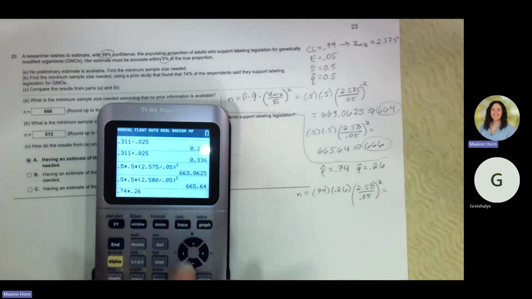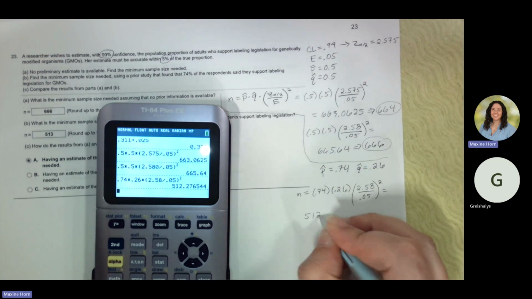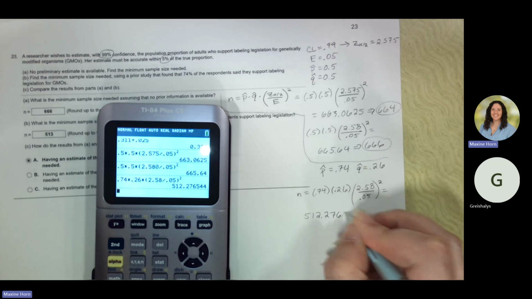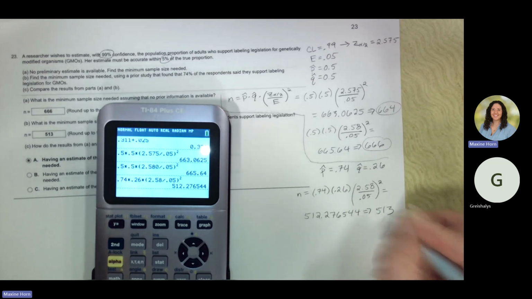I should have just done the copy and paste thing. That's okay. 2.58 divided by 0.05, and that's being squared. And we get 512.276544, which, what do we do with that? We go up to the next whole number of 513.